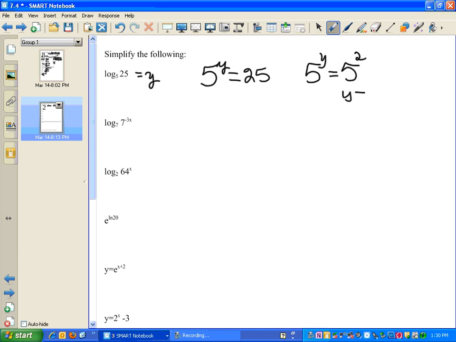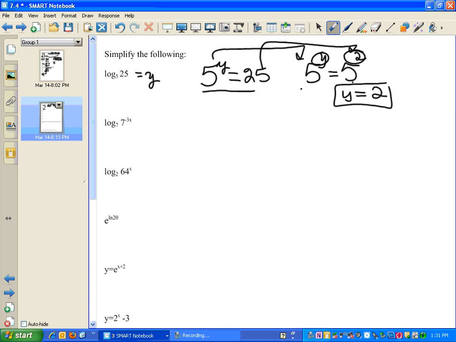So what does y equal? 2, right? Doesn't that make sense? If 5 to something has to equal 5 to the second, if the left side has to equal the right, don't the exponents have to be the same if the bases are the same? I mean, think about it even from this point. 5 to what power is 25? But here's why. 5 to the y, and 25 is written as 5 to the second. So that means the y has to be equal to the 2 if the left side equals the right.